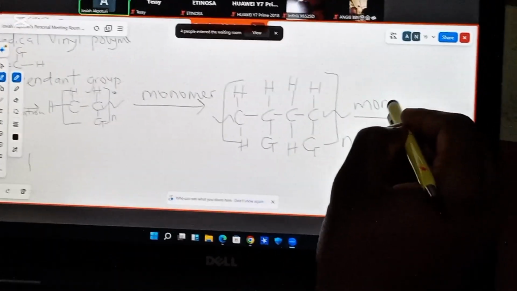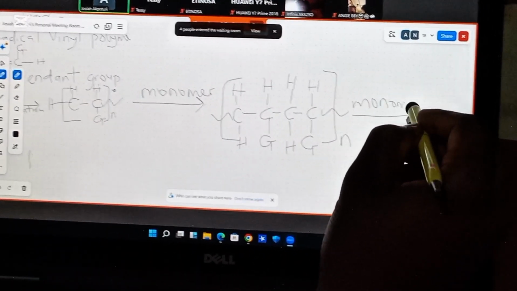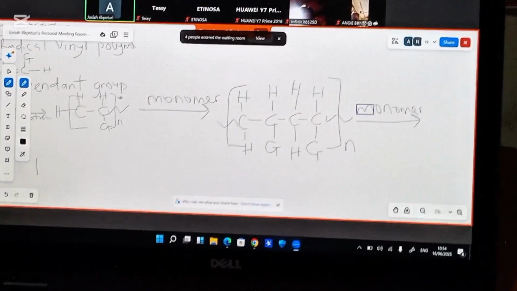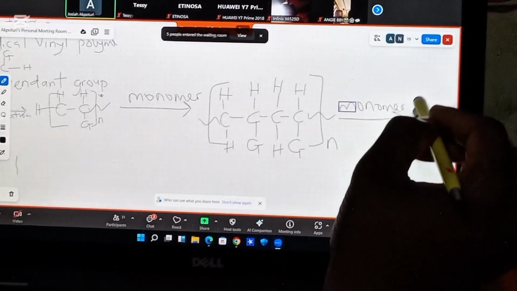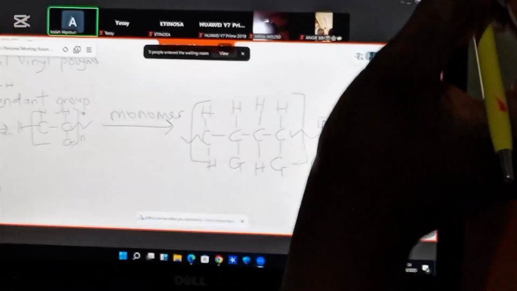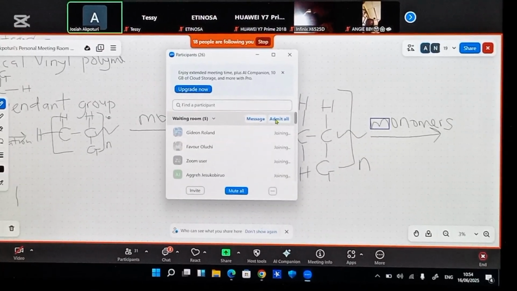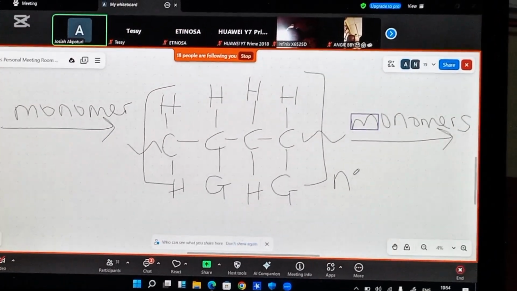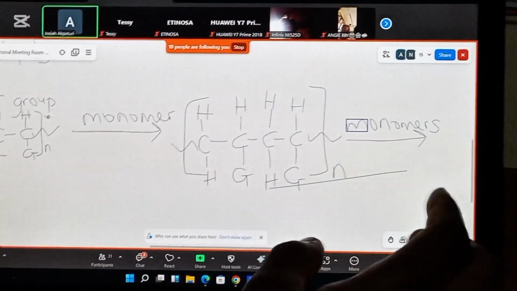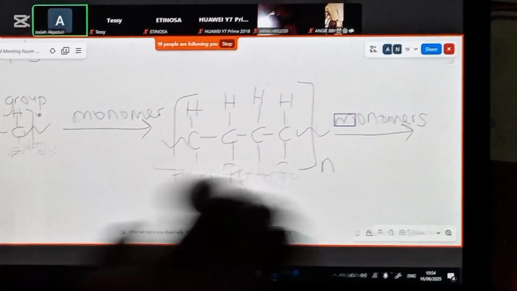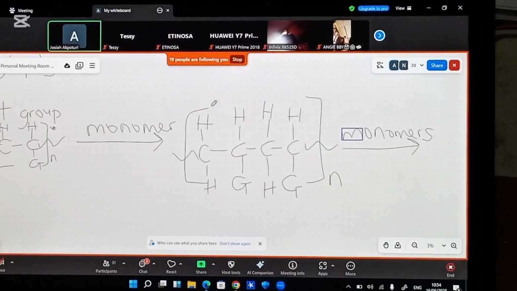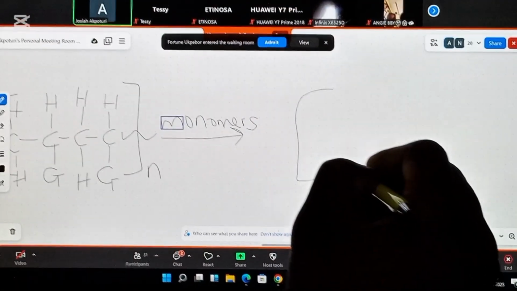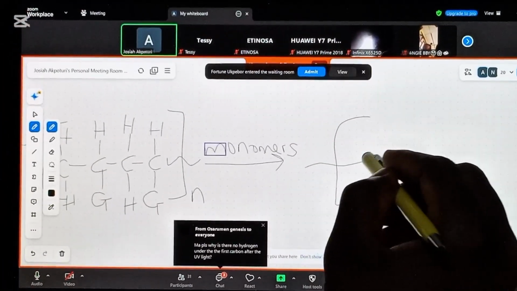Monomer is what we gave on the board, the substituted ethene molecule. You add more monomers.